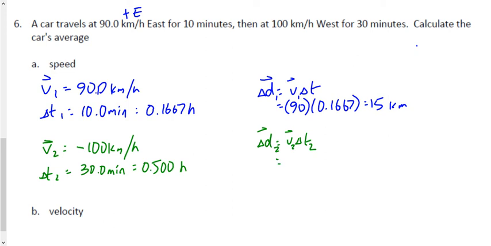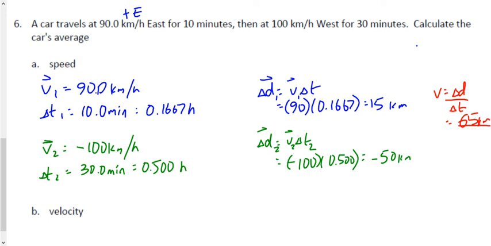The displacement in the second section is negative 100 kilometers per hour times a time of 0.500 hours, which gives me negative 50 kilometers. Okay, now that I want to find the average speed, the total distance will be what? Yeah, like 65 kilometers. Does that make sense where that distance came from?